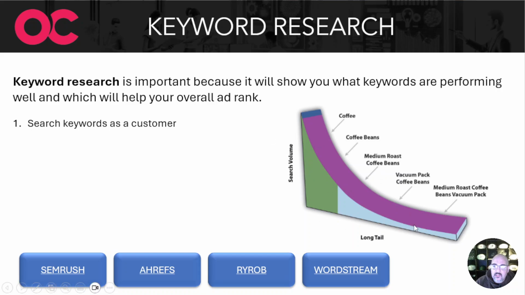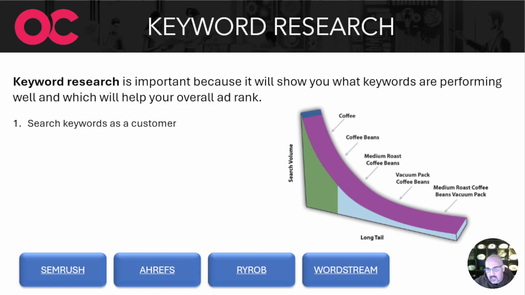Just looking here, guys, what we're seeing here is a long tail strategy. So we've mentioned this before, but essentially a long tail strategy is bidding for longer terms. So instead of just going after a keyword coffee, we might go for coffee beans, and we'll bid on that search term rather than just a search word.